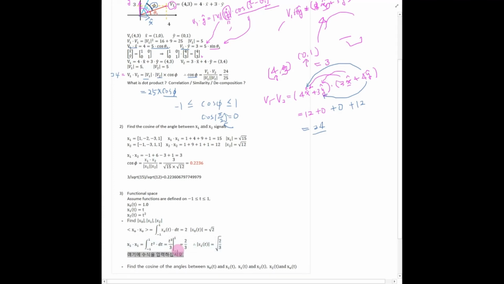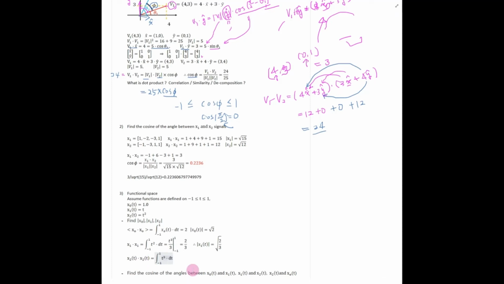The last one is x2. x2(t) dot x2(t) is defined by integration from -1 to 1, and by the self product it becomes t to the 4.